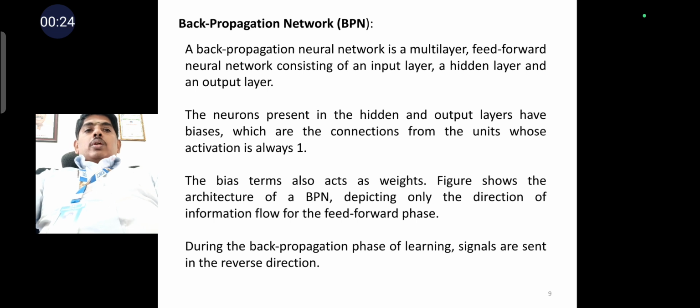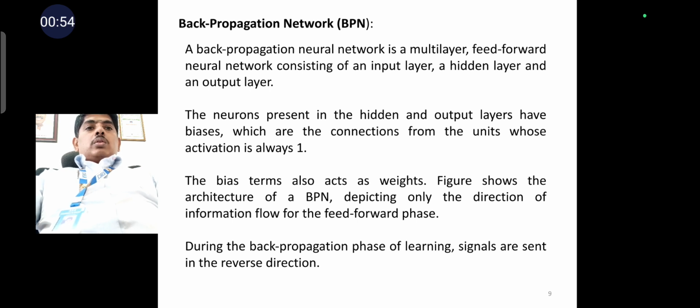So between the input layer and hidden layer, we have the connection link, which we represent by V. The weight between input neuron 1 and hidden neuron 1 we represent by V11. Similarly, the weight between input neuron 2 and hidden neuron 2 we represent by V22, and similarly up to the nth neuron.